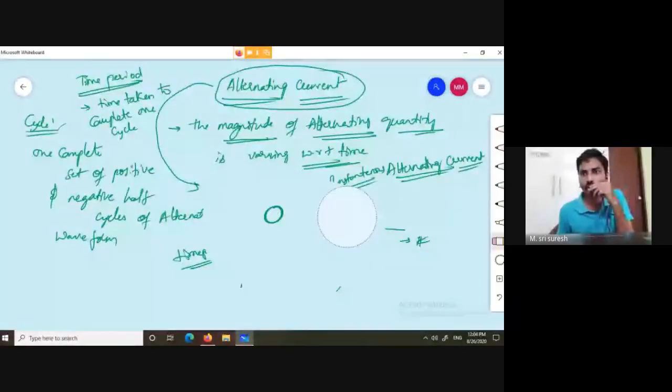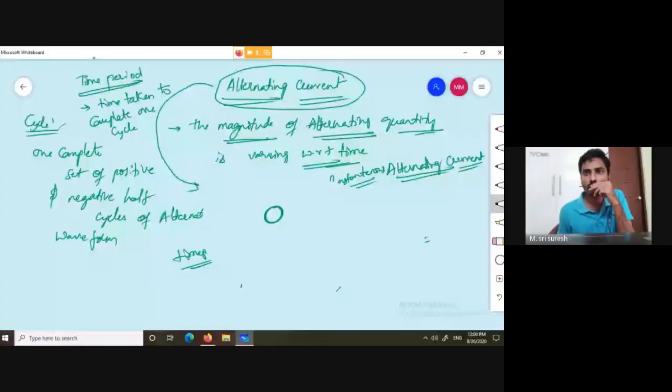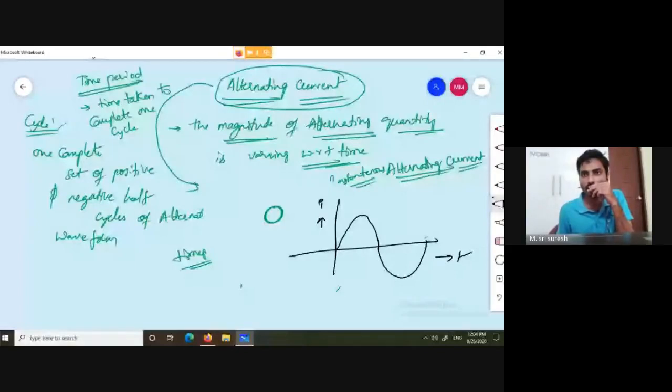Again I will draw it. This is an alternating current waveform. This is the positive maximum, I max. The waveform is a sine wave.